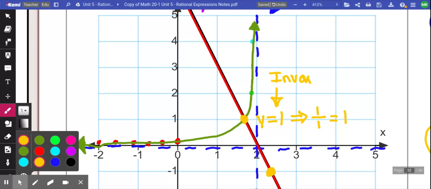Because when you reciprocate 1, 1 becomes 1 divided by 1, which is the same thing. So this dot at y equals 1 is on both graphs. It's on my curvy green graph, and it's on my straight linear red graph. That's how we got those invariant points, because the reciprocal of 1 is 1.